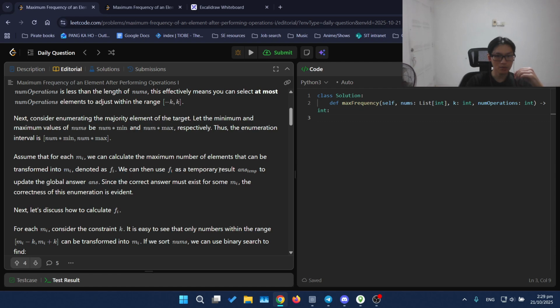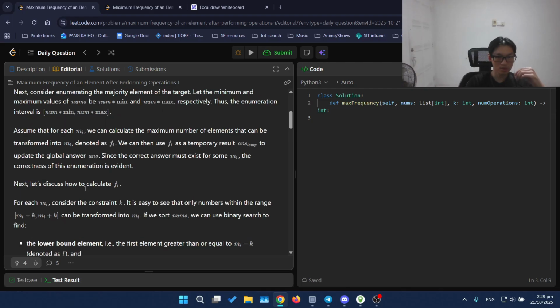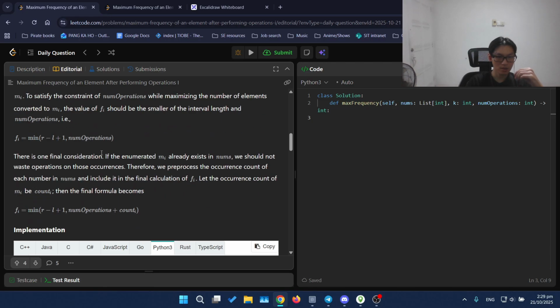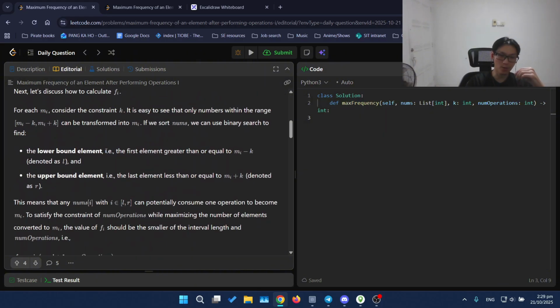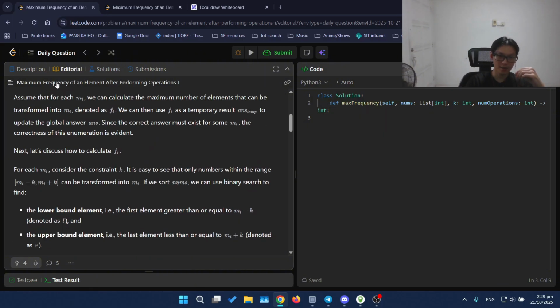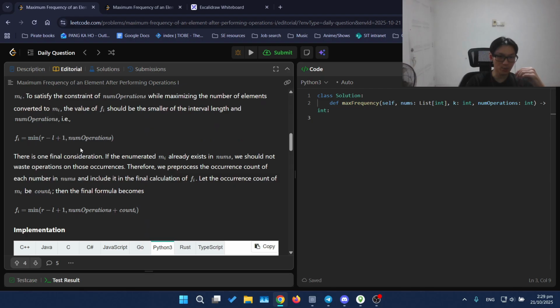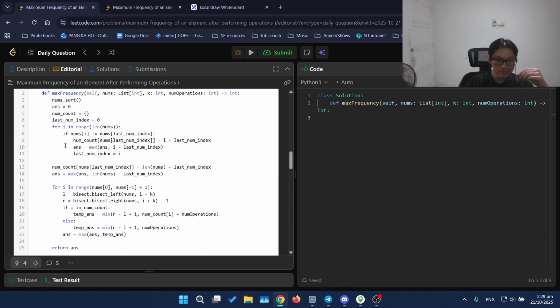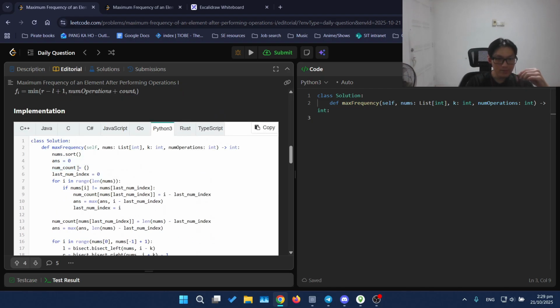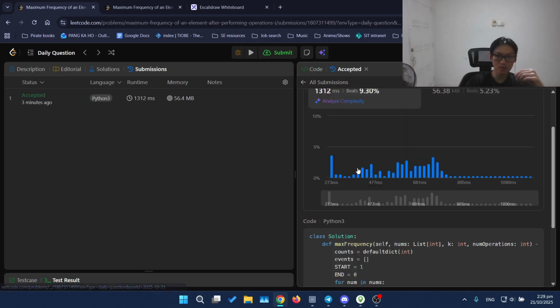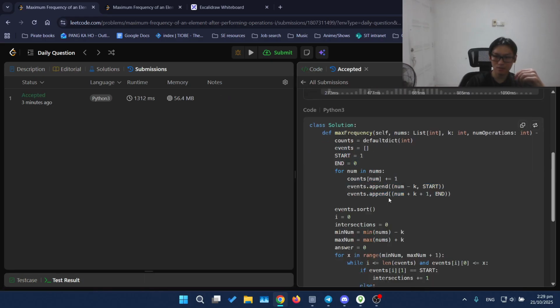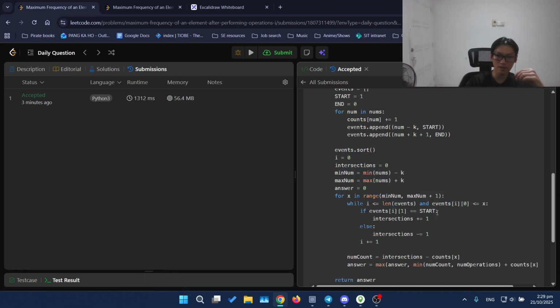Can then use f as a temporary result. To be honest, I don't really understand what this editorial is trying to say, man. It's too messy for me. Yeah, I saw nums as well.